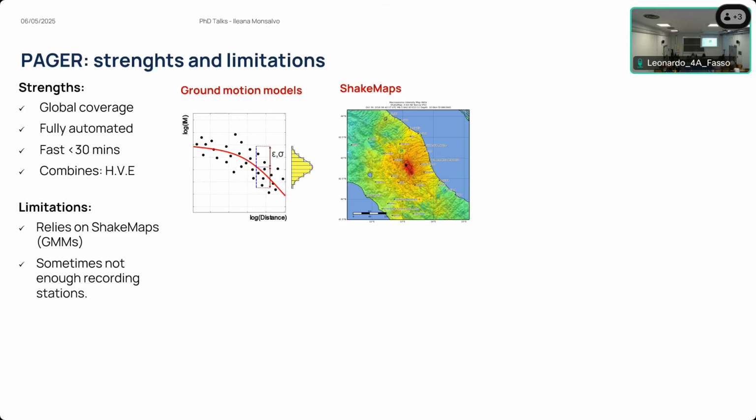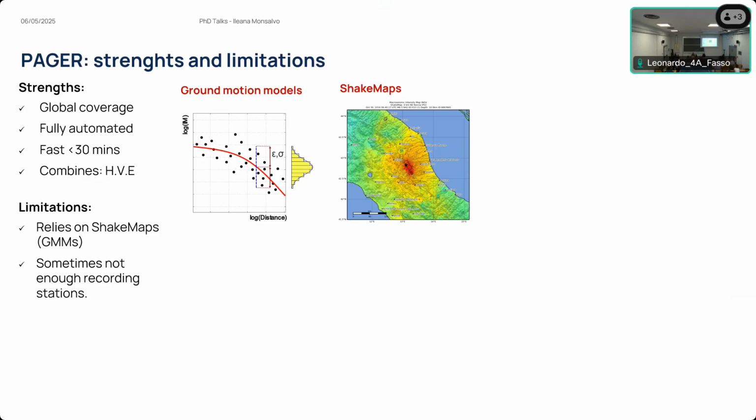Because when I explained these standard approaches in general, you could imagine that, since these estimations depend on so few parameters, the complexity of how waves propagate in the earth crust and how they interact with the local conditions of an area may not be fully captured by these models. So this is a limitation.